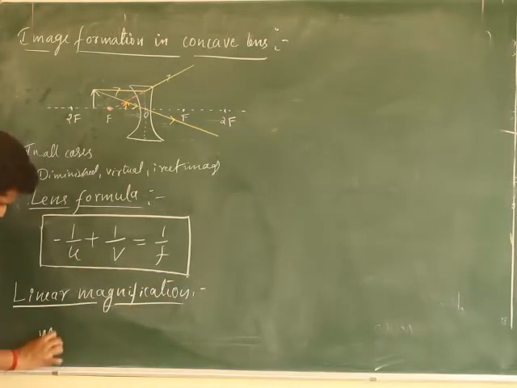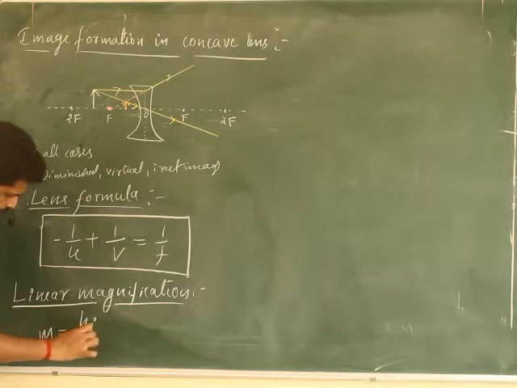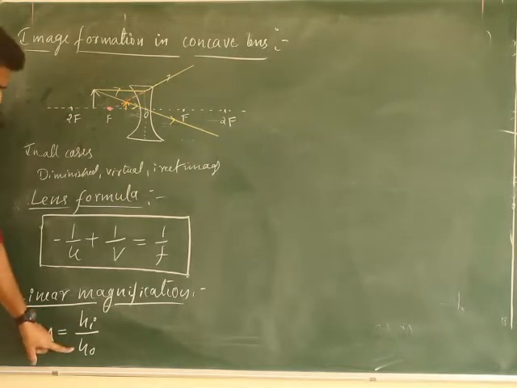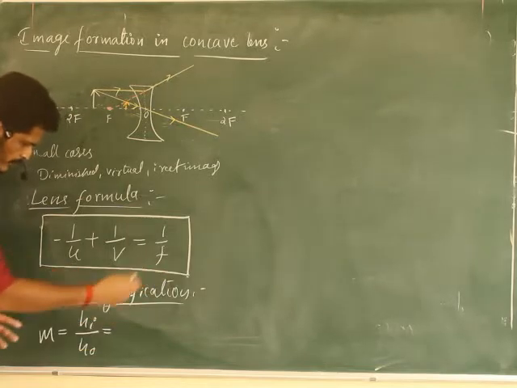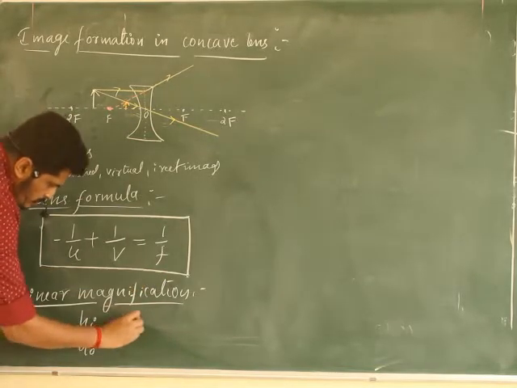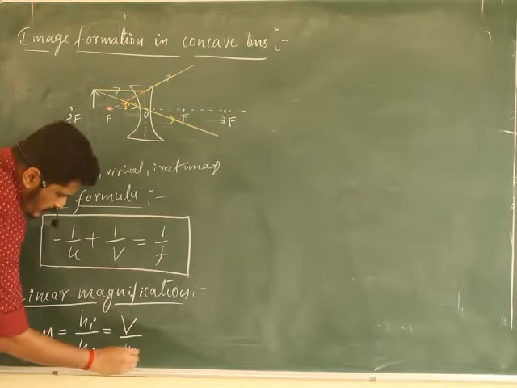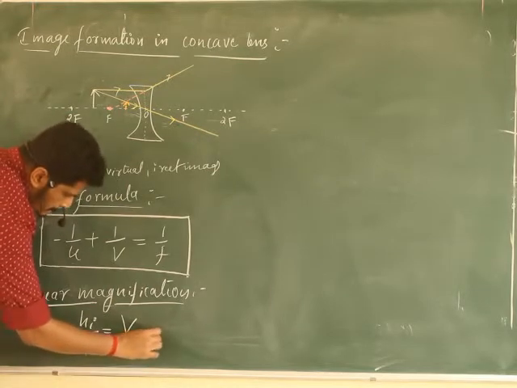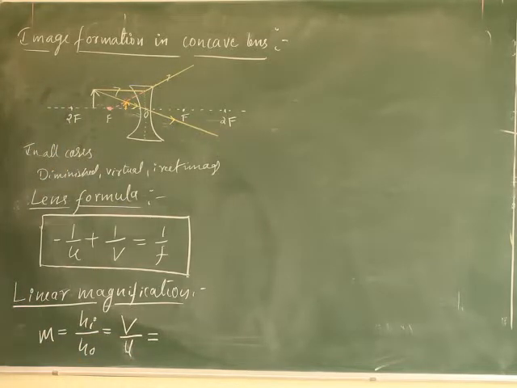The general formula we know. In case of mirror, it is the ratio of height of the image to the height of the object. Here also the same. Linear magnification equals height of the image by height of the object. And there we know minus v by u was there in case of mirror, whereas here there is no minus, it is just v by u. Similarly, some other small derivations I did there to get other forms of the formula.